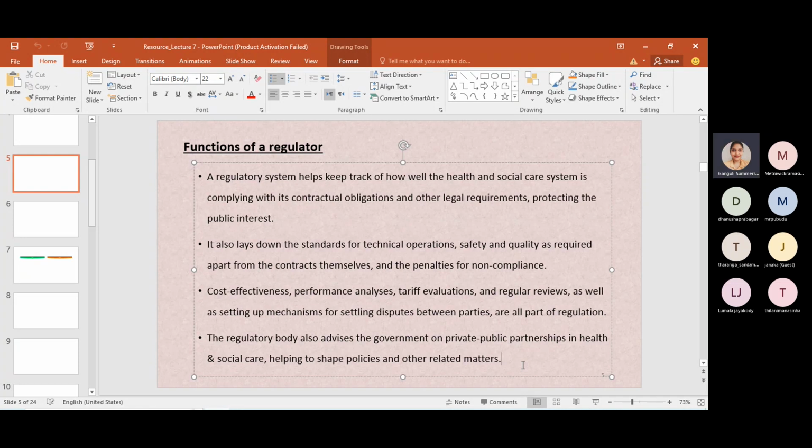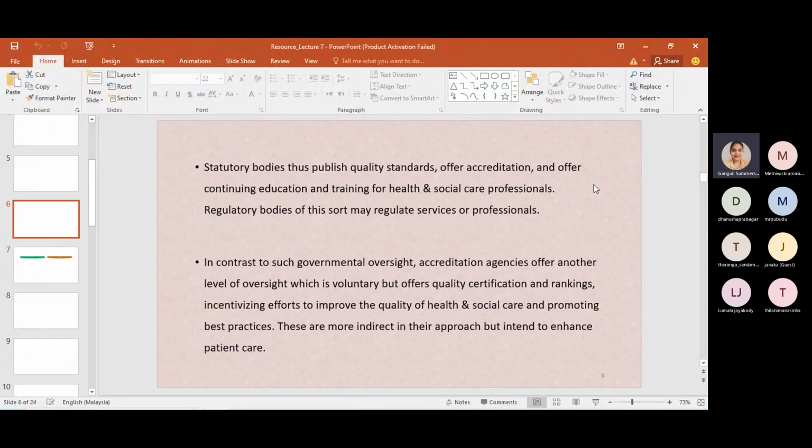They advise the government on private-public partnerships in the health and social care sector, and they also help to create new policies or rules or guidelines as well. So helping the government is another function done by regulators or regulatory bodies.